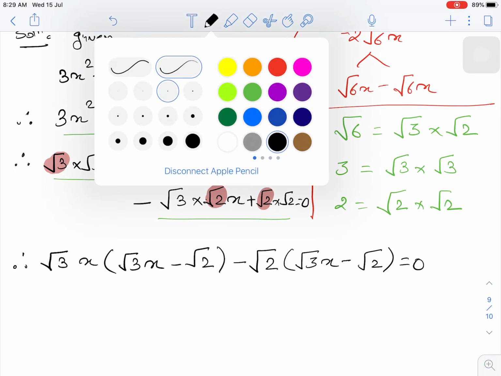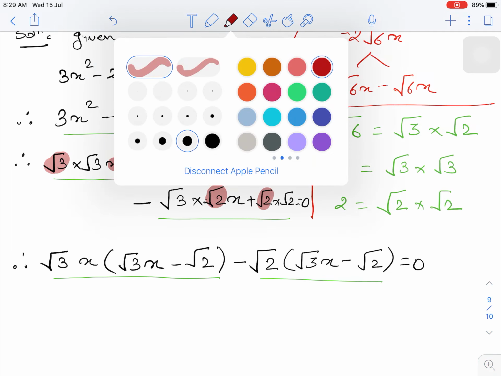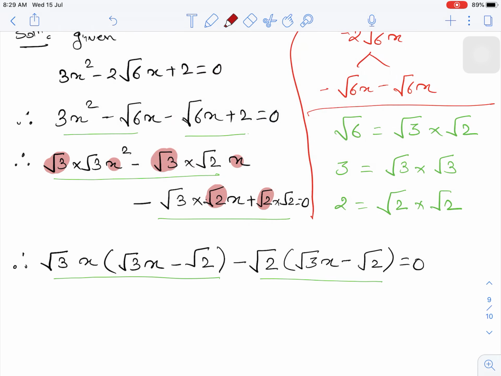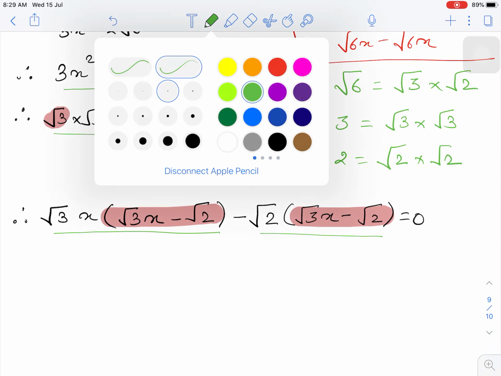Now in front of us there are how many terms? So this is our first term, this is our second term, and in both the terms this √3x − √2 is common. Okay, they are repeating, so we will write it out of the bracket.